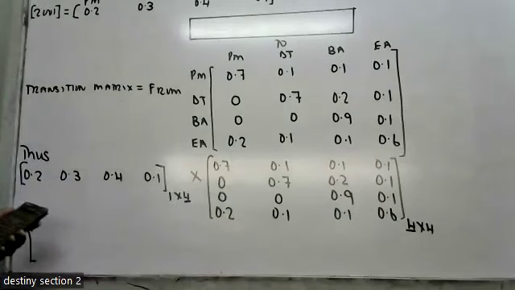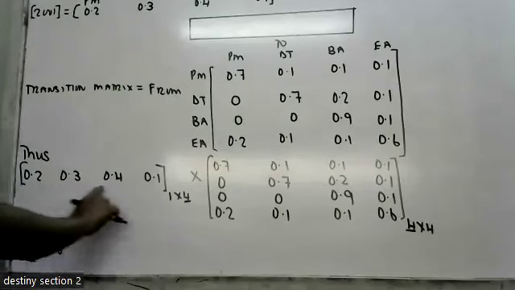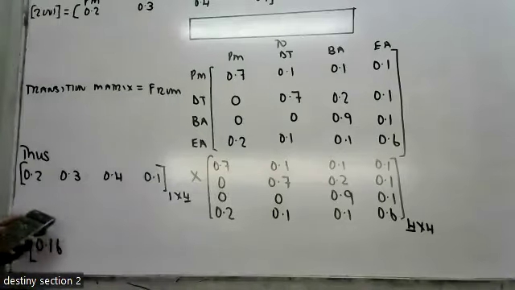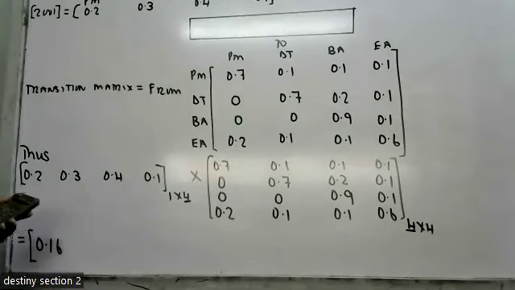You say 0.2 times 0.7 plus 0.3 times 0 plus 0.4 times 0 plus 0.1 times 0.2. So this one I'm getting 0.16. Then you take this multiplied by this one. So 0.2 multiplied by 0.1 plus 0.3 multiplied by 0.7 plus 0.4 multiplied by 0 plus 0.1 multiplied by 0.1.